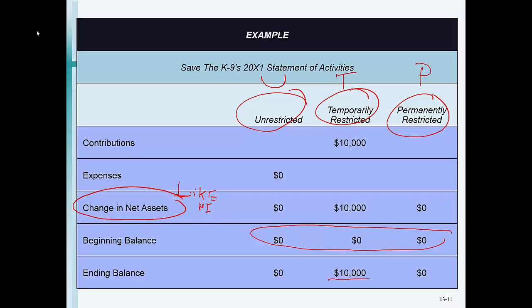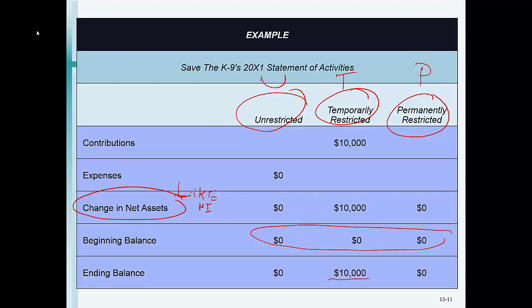Who got the 10,000 that comes in? And Yvette, you wanted to use it for what? The Fluffy program, right? We said, and so that came in temporary restricted. It had a program restriction on it. Now, what happens when we take that money in? We showed as temporary restricted, and the expenses were zero in our example because we hadn't spent any of the money the way the donor specified in that first year. Okay, so when we reported our change in net assets, and remember change in net assets is like our net income, we literally will report a net income by category.